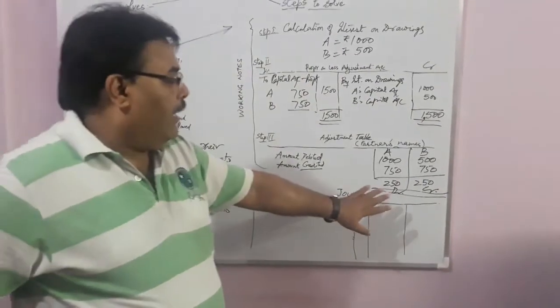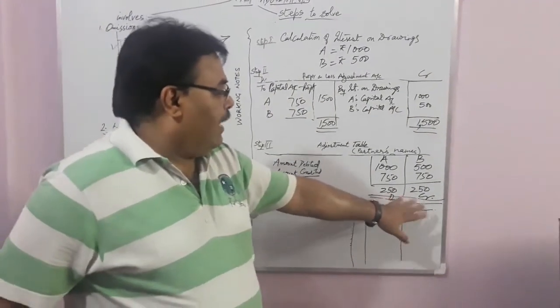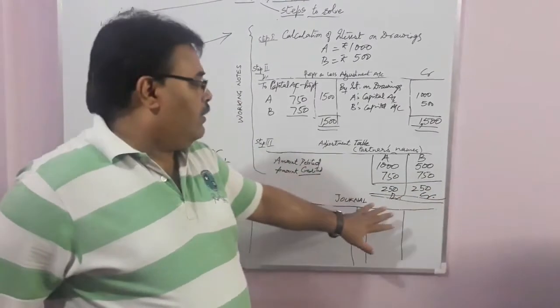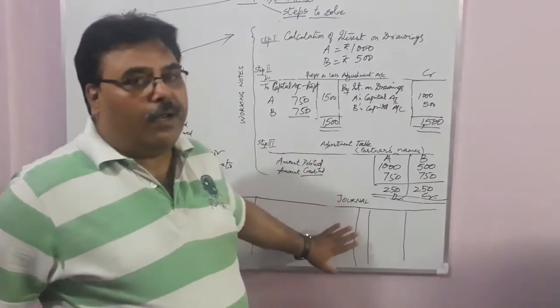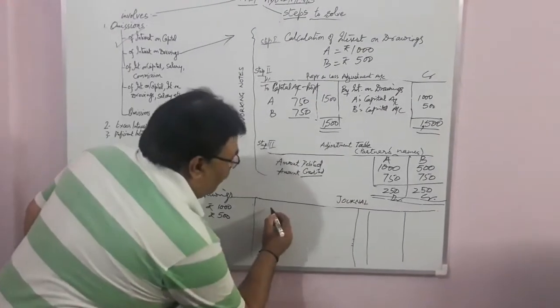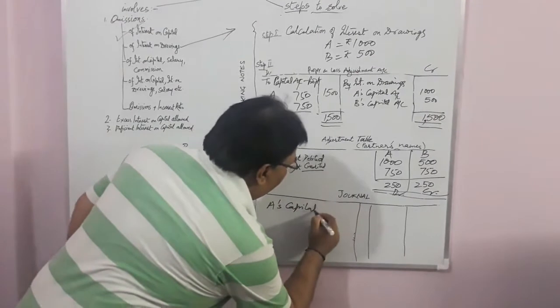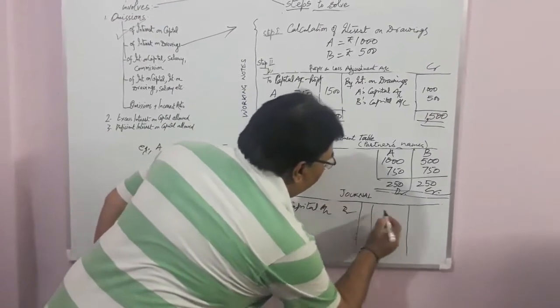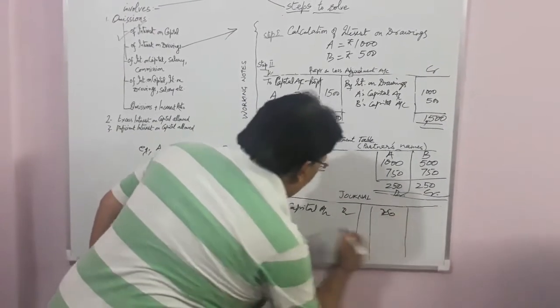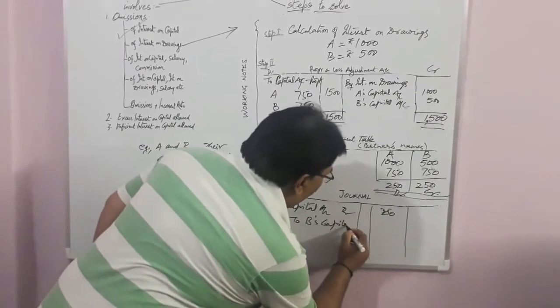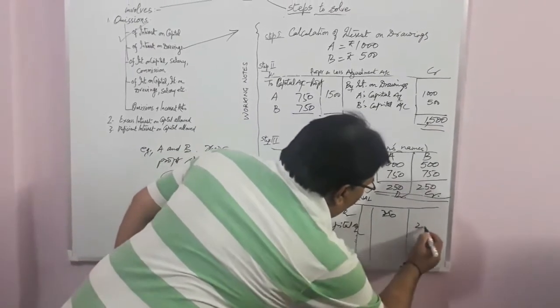Here I get two different accounts, debit and credit, which I will record in the journal. In the journal, A's account will be debited by 250 rupees and B's account will be credited by the same amount, that is 250.